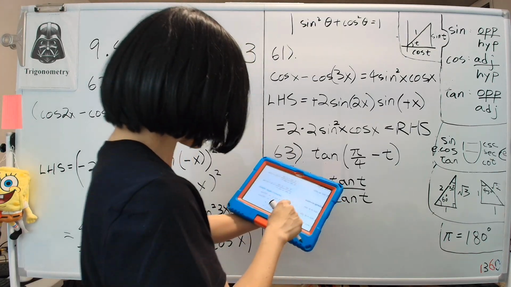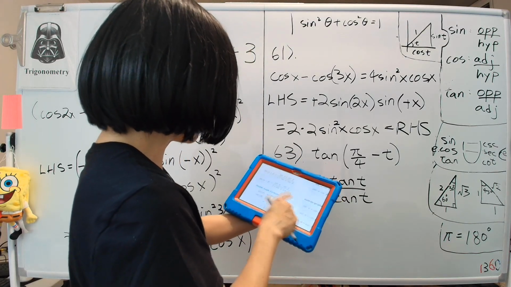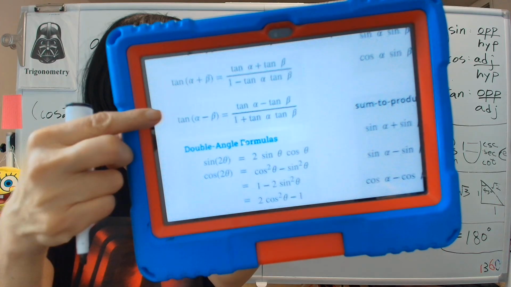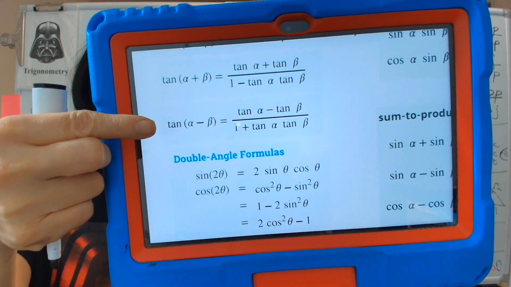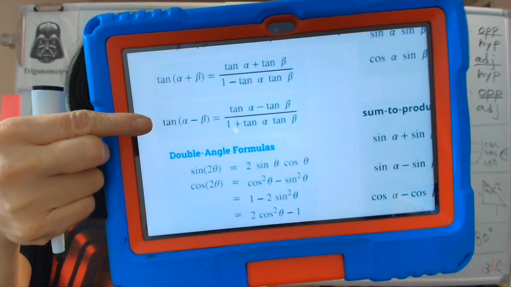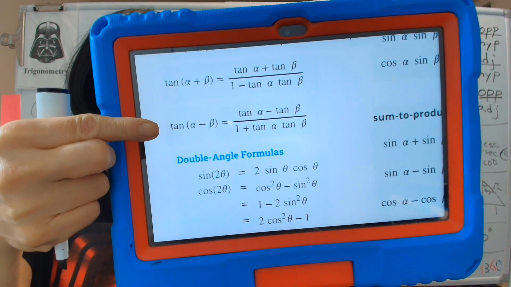Again, we're doing the tangent alpha minus beta formula, which equals tangent alpha minus tangent beta over 1 plus tangent alpha times tangent beta.